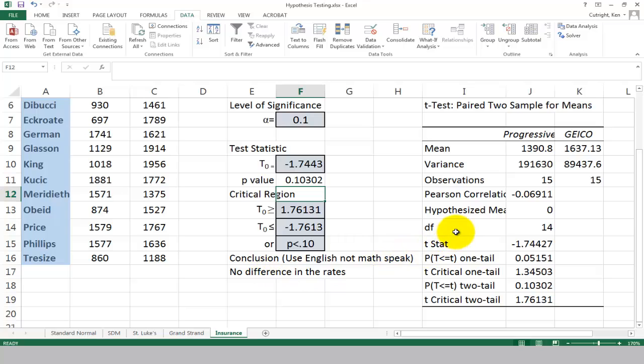So there's a couple of examples of hypothesis test, and the key thing you need to remember is that hypothesis testing is basically a cookie cutter type deal, but the main thing is, how do you get the test statistic? And that essentially depends on how many populations you're testing and what the parameter you're testing is.